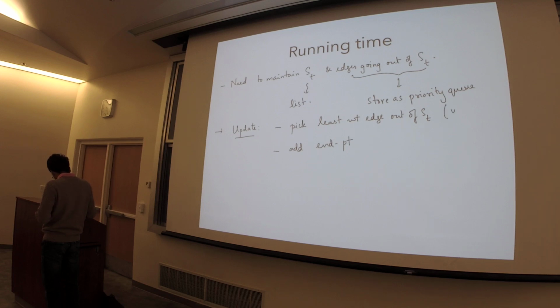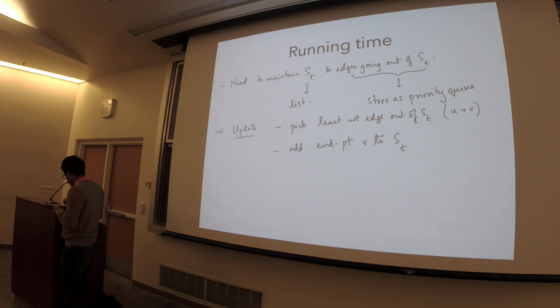Let's call this u to b and endpoint b to s, and you've got to update edges going out of the newest vertex.